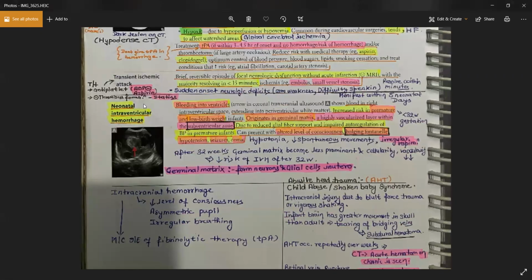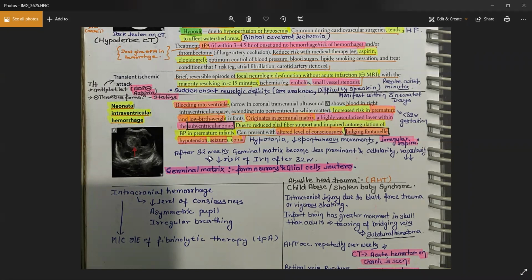Okay, then you have the neonatal intraventricular hemorrhage. So what happens? You first have the germinal matrix in the fetus, right? The germinal matrix forms the neurons and the glial structures. The function of this matrix is to form the neurons and the glial cells, and this is a highly vascularized structure present in the ventricles.